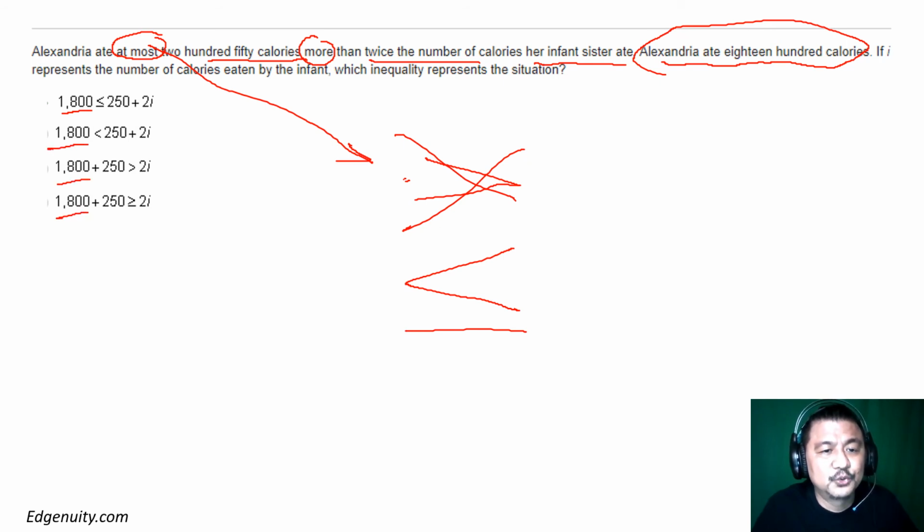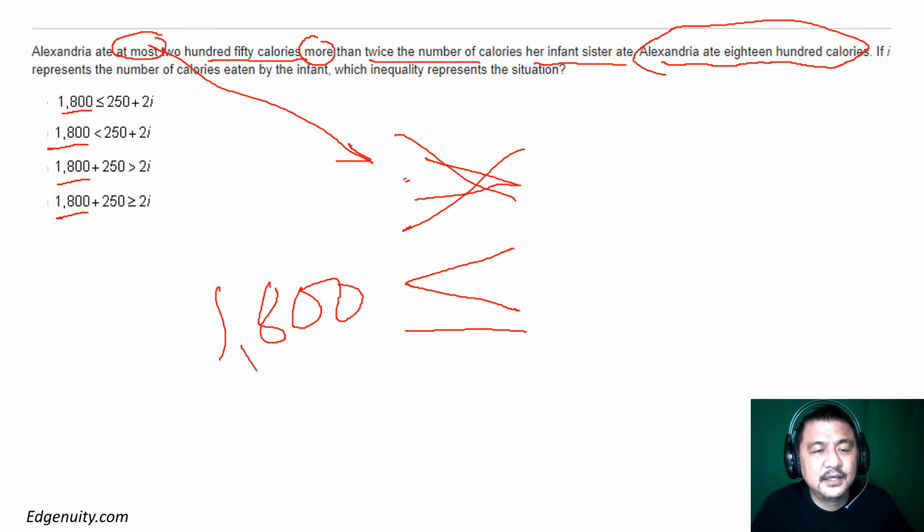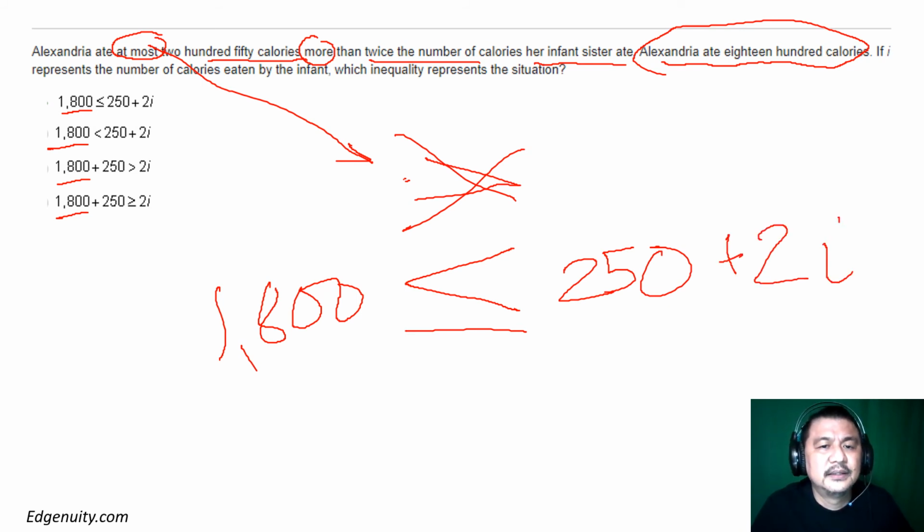So that's the most you can get. So where do I put 1800? 1800 is over here. And this number should have 250 more than twice the missing number I. Okay?